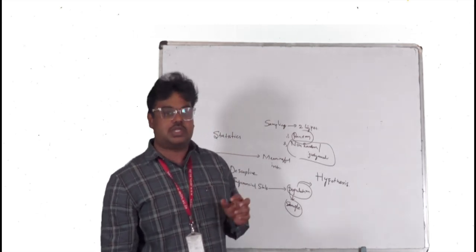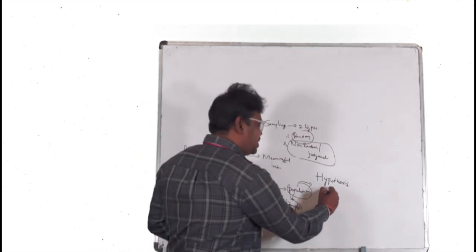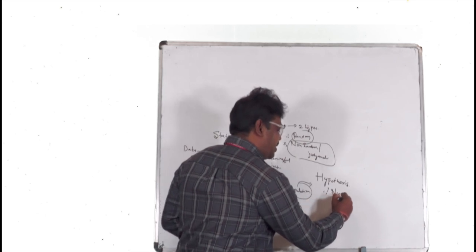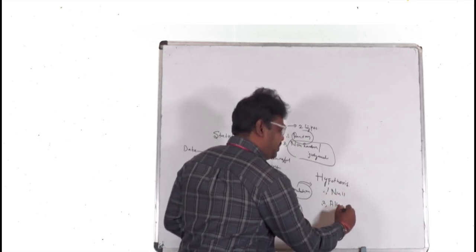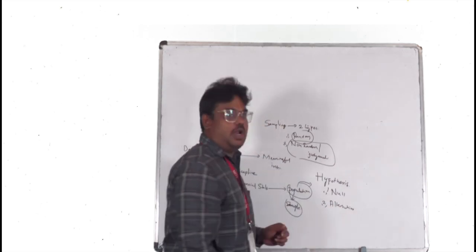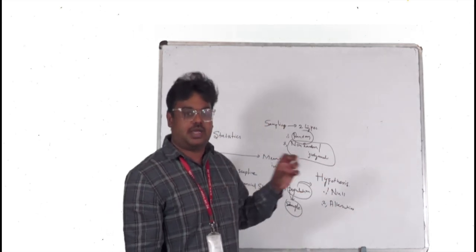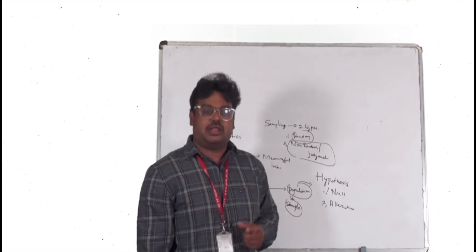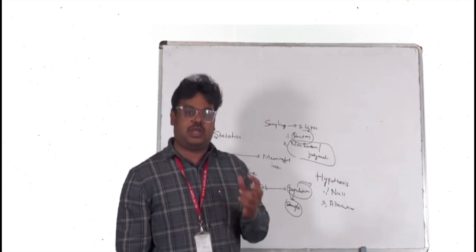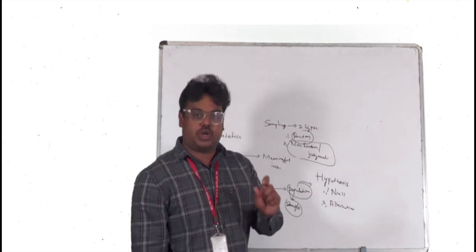A hypothesis is of two types: the null hypothesis and the alternate hypothesis. The null hypothesis is also an imaginative statement which states that there is no relationship between the two variables, as null indicates no relationship.